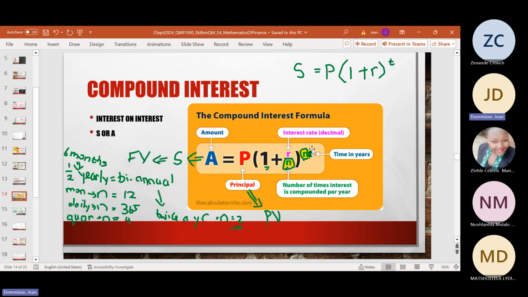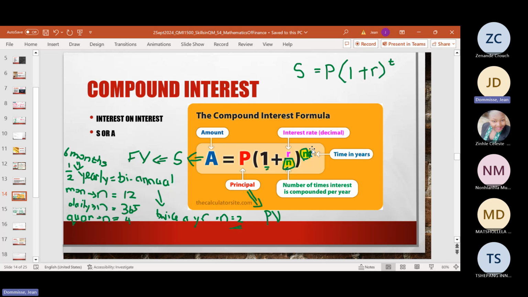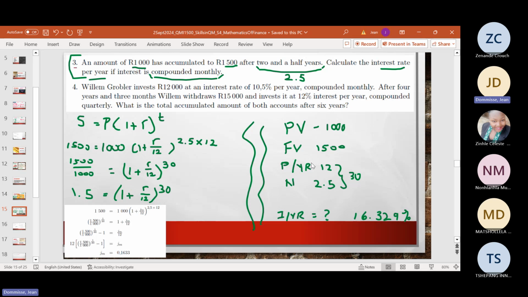So again, they might be giving us 5 years, but you need to compound it on a monthly basis. So then it would have been N is 12 and your T is 5.